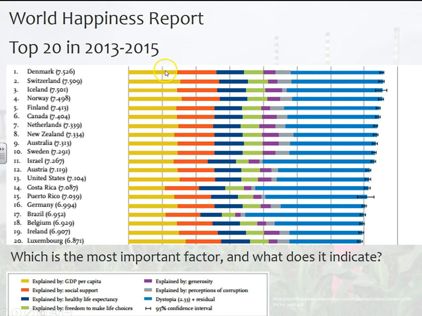And what each of these color-coded segments indicates is the percent of total happiness that they can attribute to each of these factors. So the yellow is the portion of happiness explained by GDP per capita. The orange or red, whatever color that is, is social support. Blue is healthy life expectancy. Green is freedom to make life choices, and so forth.